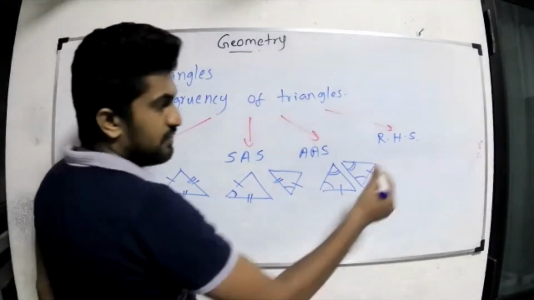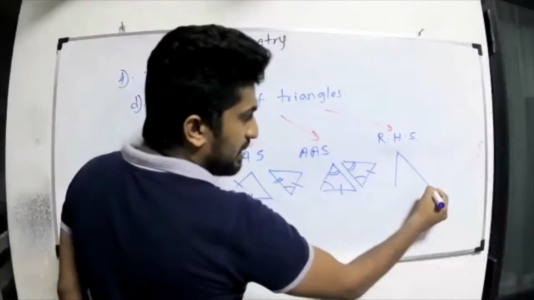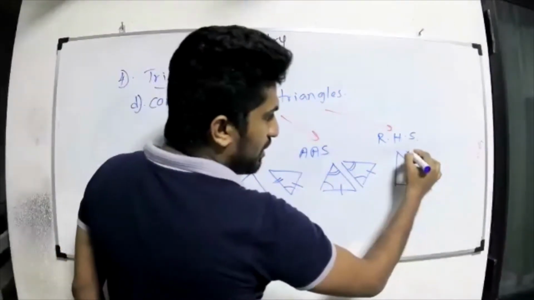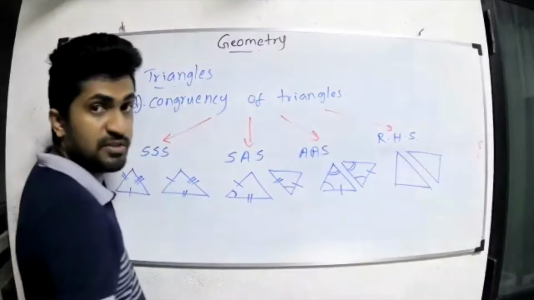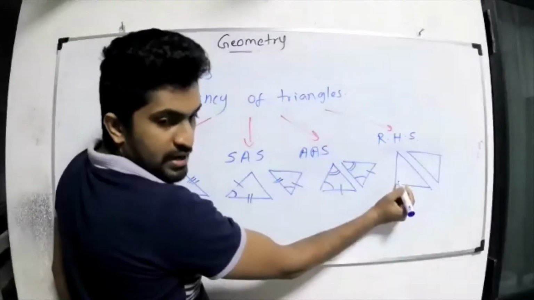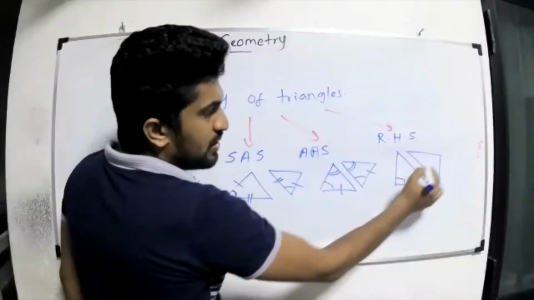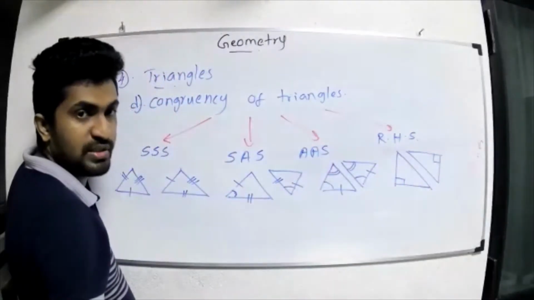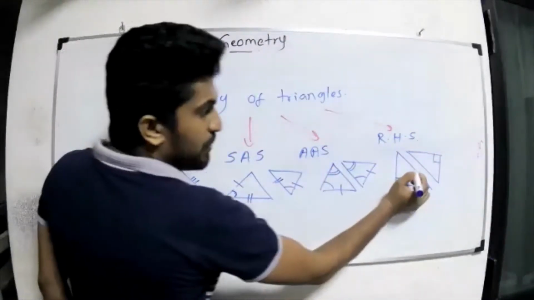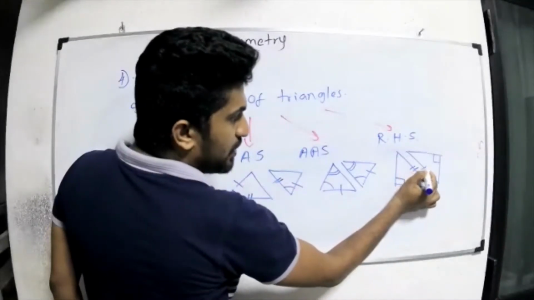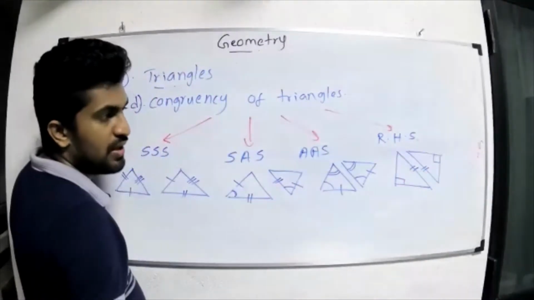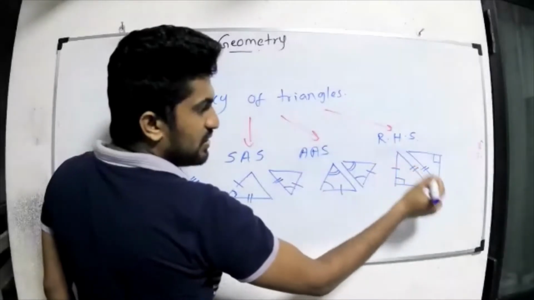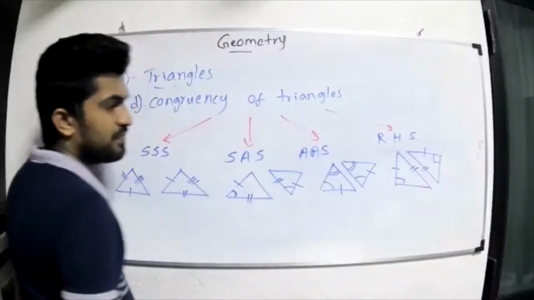RHS method, we can apply that for right angle triangles. You have to prove that it has 90 degrees. R, right, means 90 degrees. The hypotenuse of them should be equal, and any other side should be equal.